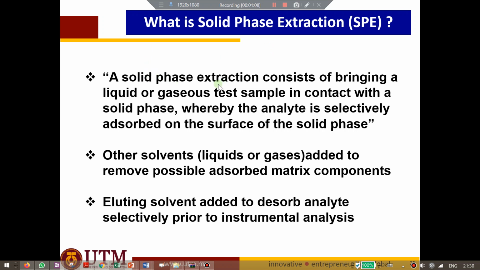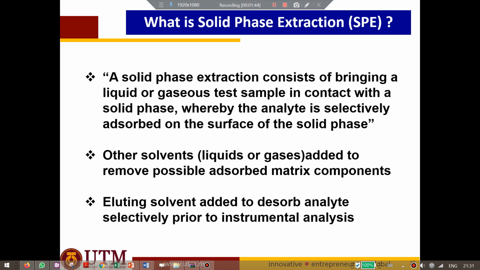Okay, solid phase extraction consists of bringing a liquid or gaseous test sample in contact with a solid phase. Let's look at the first part of the sentence: bringing a liquid or gaseous test sample. So the solid phase extraction method is only suitable for liquid or gaseous test samples. Your sample is in contact with a solid phase, as the name says, so it uses an adsorption technique.